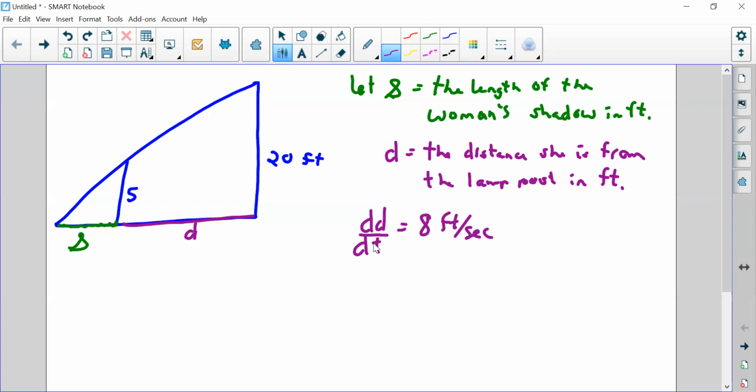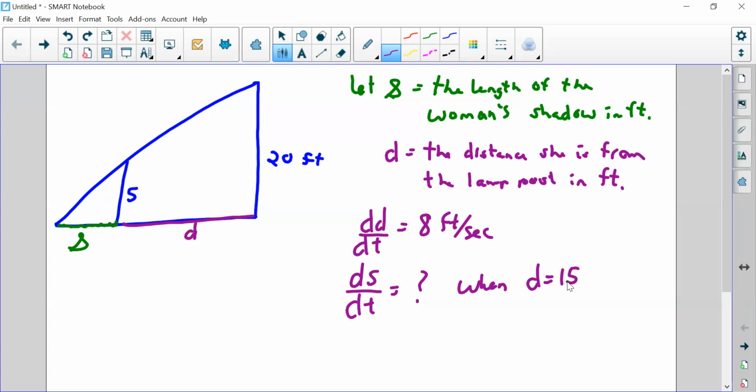We want to find dS over dt. That's what we're trying to find, when she is 15 feet from the street light. So when blank equals 15, what letter? D, her distance from the street light. So when D equals 15.